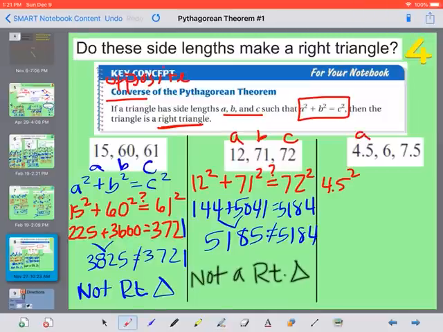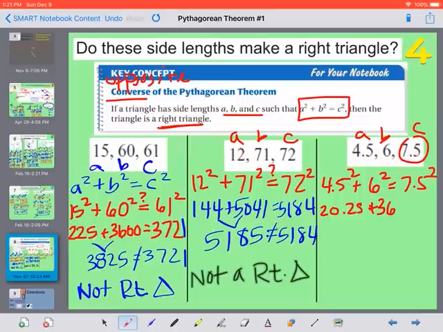4.5 squared, I'm just saying this is A and B because C is our longest side here, plus 6 squared equals 7.5 squared. So let's type in 4.5 to the power of 2. We get 20.25 plus 6 times 6 is 36, and then 7.5 to the power of 2, 56.25.